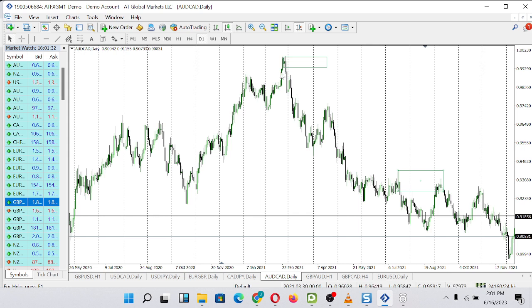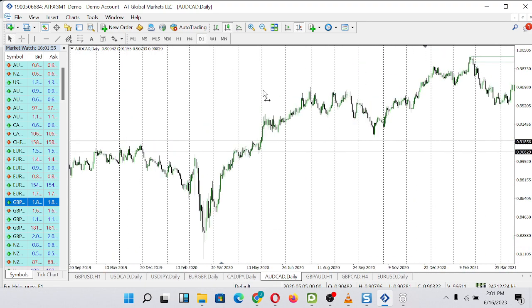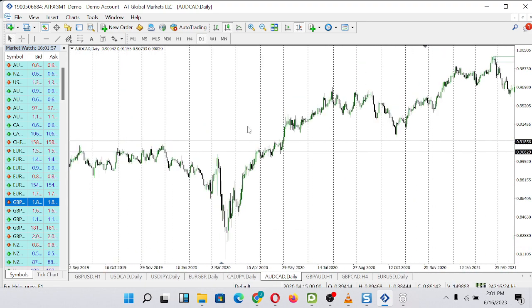So you raided liquidity, broke structure, and the move is impulsive, right? And it engulfed this green candle, the last green before the impulsive move. Okay, let's see another example.